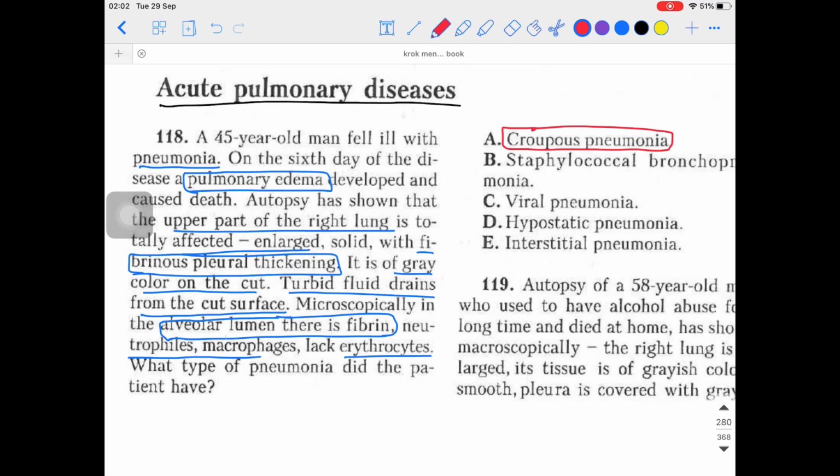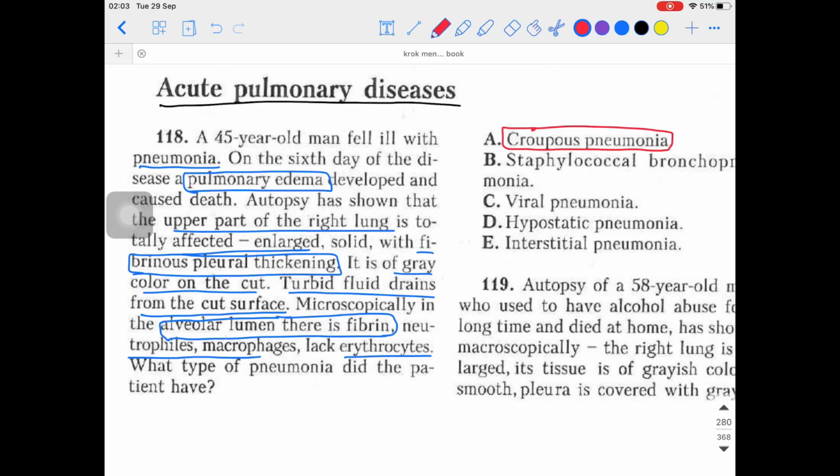Third stage comes now, that is the gray hepatization, and that will be appreciated in 4 to 6 days. Now what will be happening, red cells will be disintegrating, and the remaining exudate will be converting itself into the fibrinous and the suppurative structure. So fibrin will be seen. For example, in our question they mentioned the fibrin.